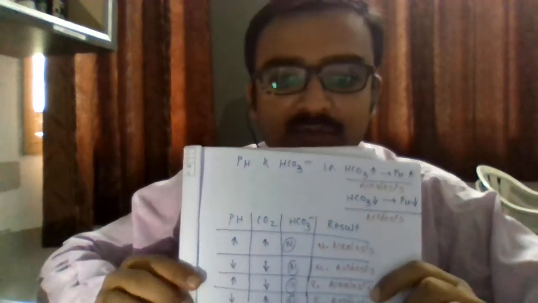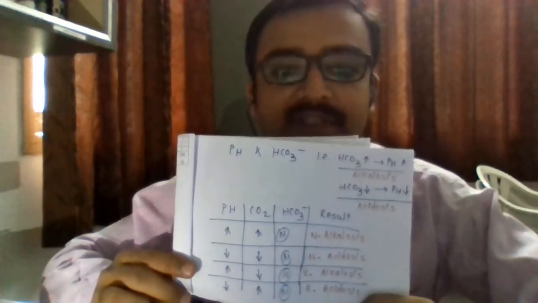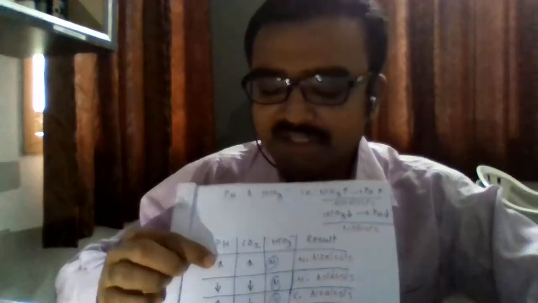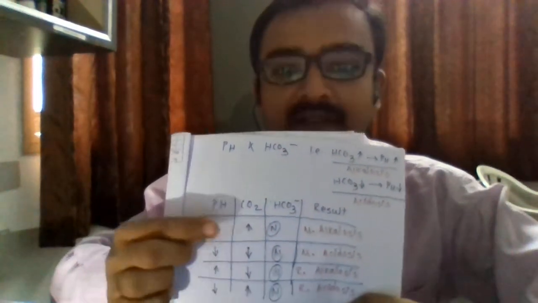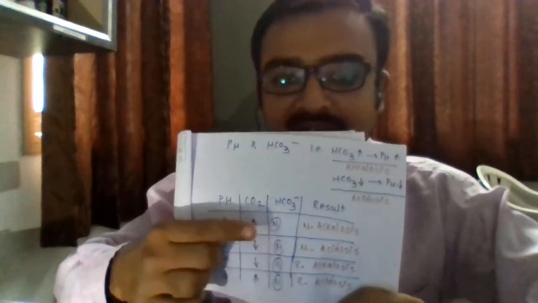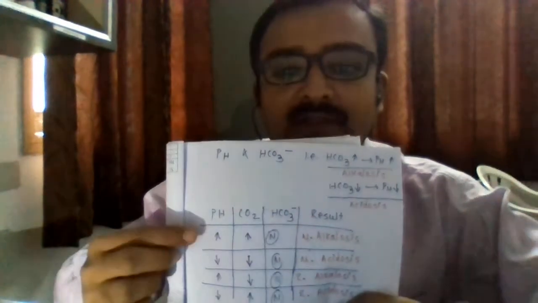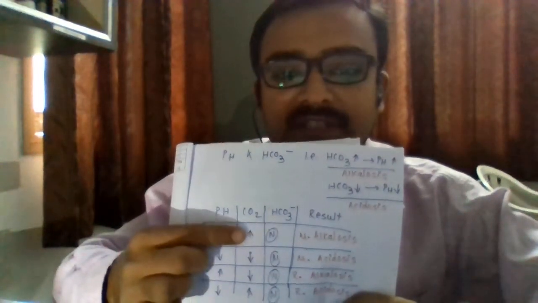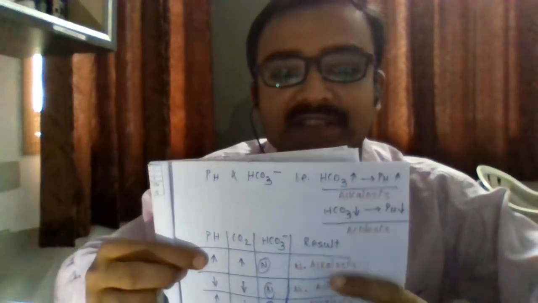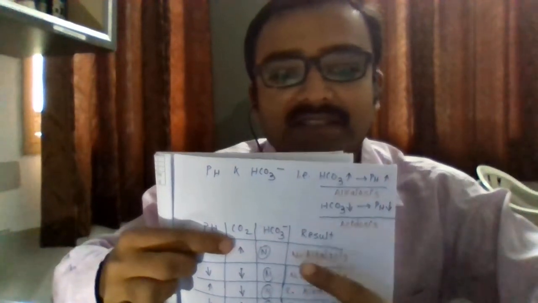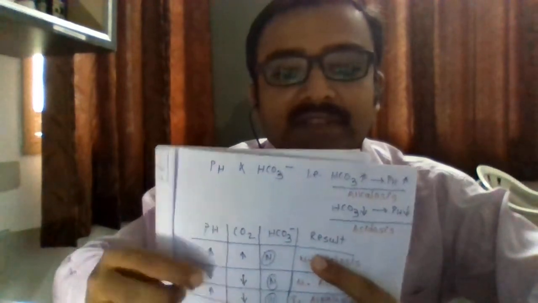Now let us assume a situation where you come across such findings. Here the pH is increased, CO2 levels are increased, bicarbonate, let us assume, is normal. So pH increased, carbon dioxide increased. As the pH is increased, it is alkalosis, but as the CO2 levels are increased, it is metabolic alkalosis.